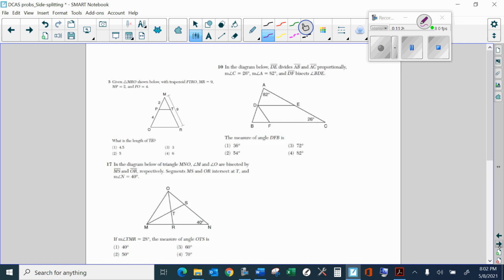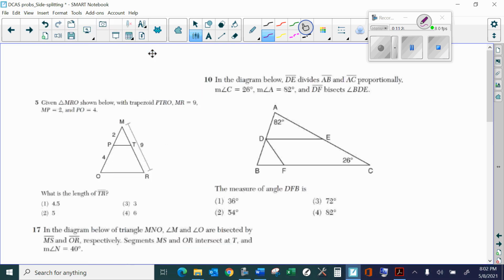We can go back up to full page width here. Make it bigger. All right. PTRO. MR is 9, MP is 2, PO is 4. What's the length of TR? I want to call it x.